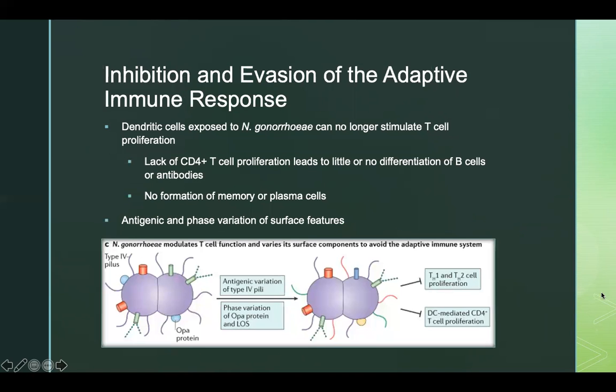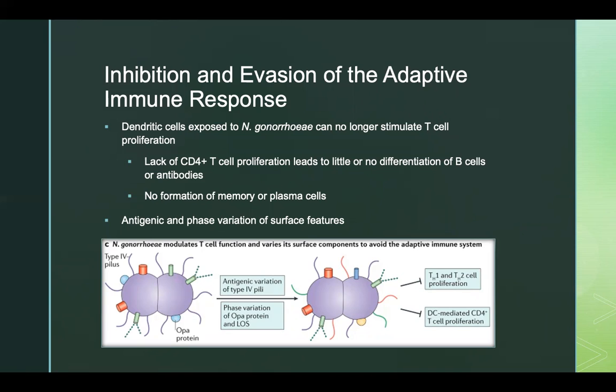But the problem that we face is there is little to no adaptive immune response. The main reason that this happens is because of that modulation that occurs at the site of infection, which includes dendritic cells. Dendritic cells that are exposed to Neisseria gonorrhoeae can actually no longer stimulate T cell proliferation, specifically CD4 positive T cells, into any form of helper T cells.